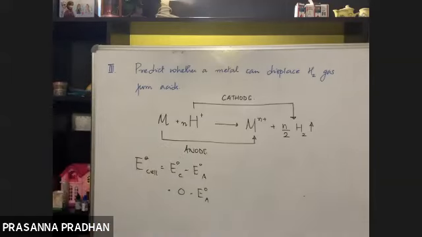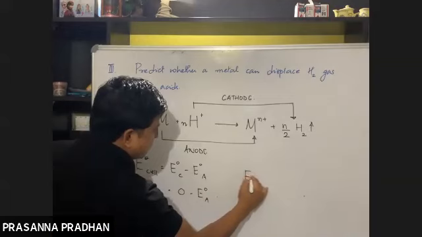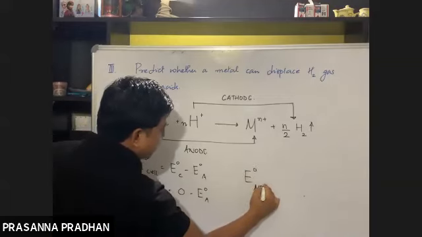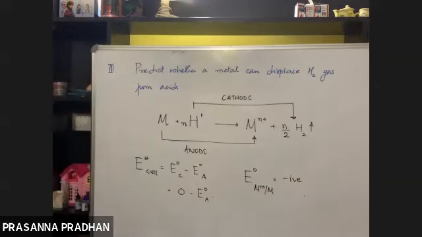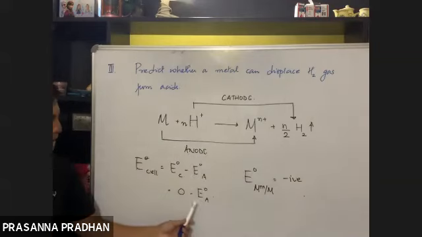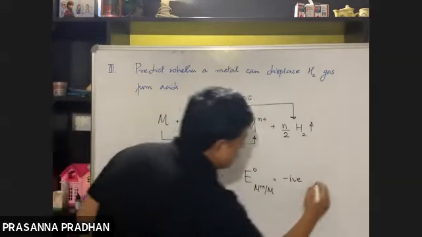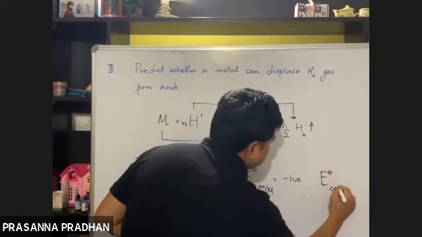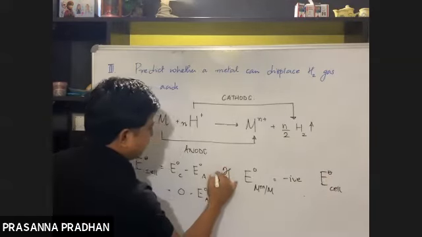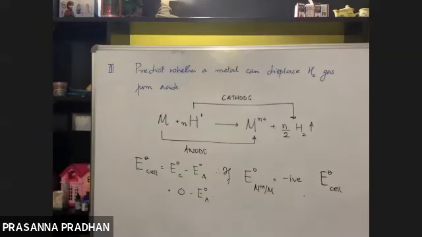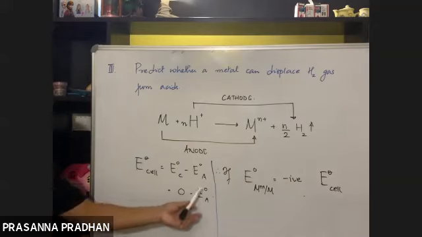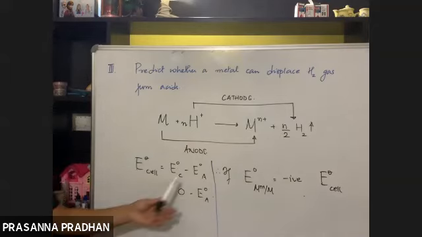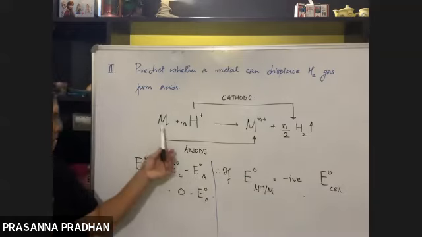Now see, if the reduction potential value of this metal is negative, what will be the value of E naught cell then? So this is the formula: the reduction potential of hydrogen is 0, minus E naught anode.